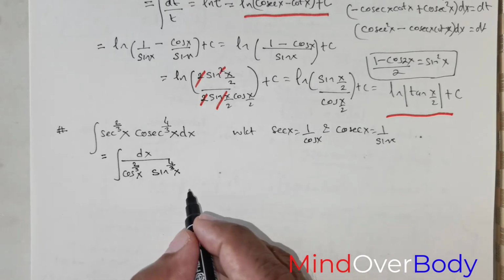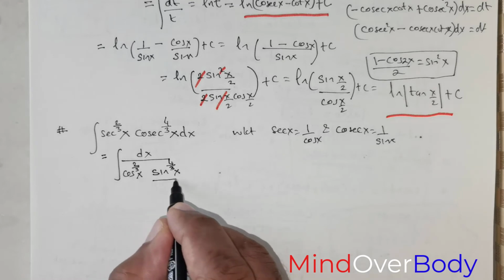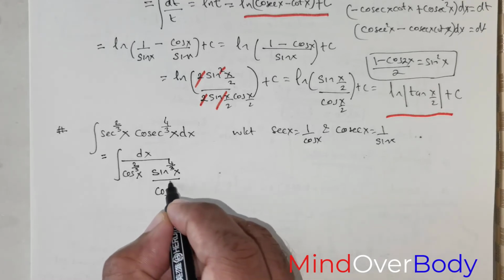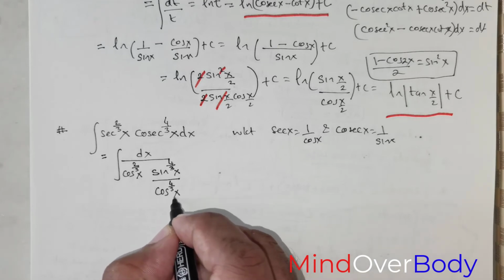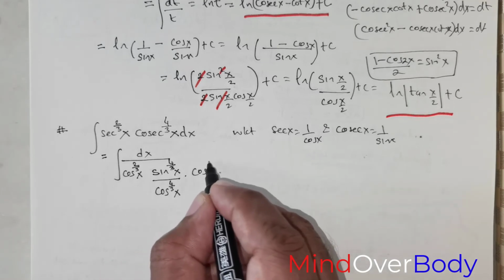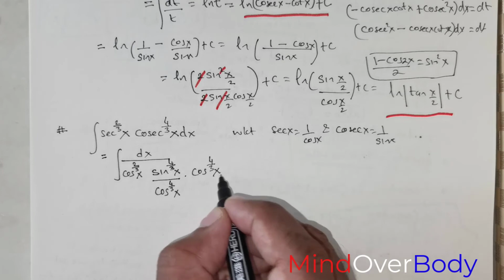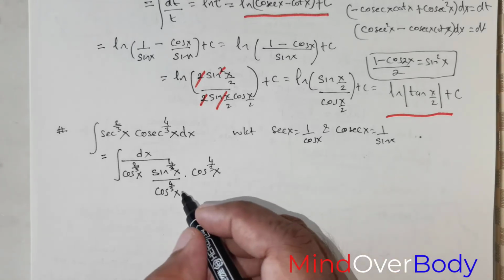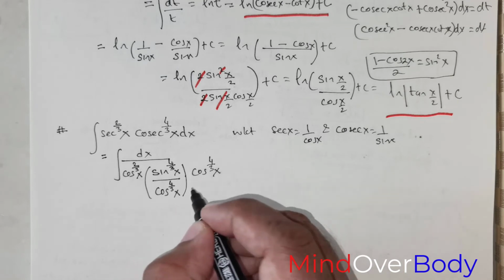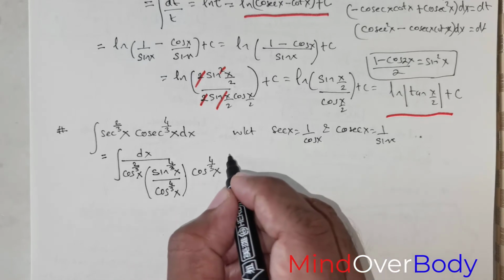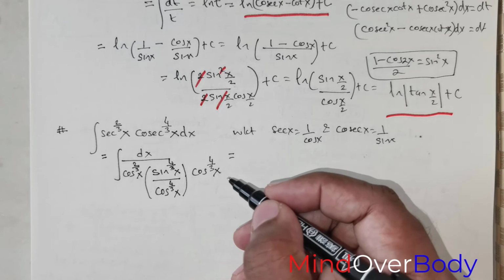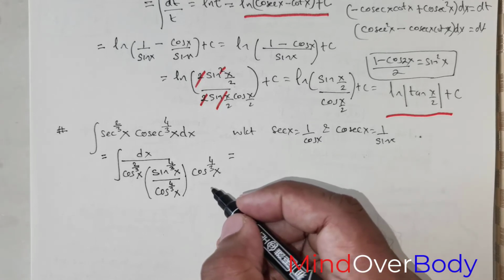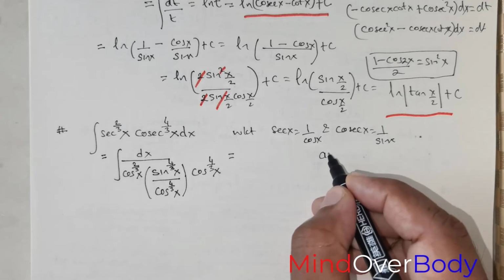Now what I wish to do is divide this by cos raised to the power of 4 over 3 x and multiply it with cos raised to the power of 4 over 3 x. So I'm not making any changes, but even though it is not visible, the impact will be greater, so that we can easily obtain the solution.